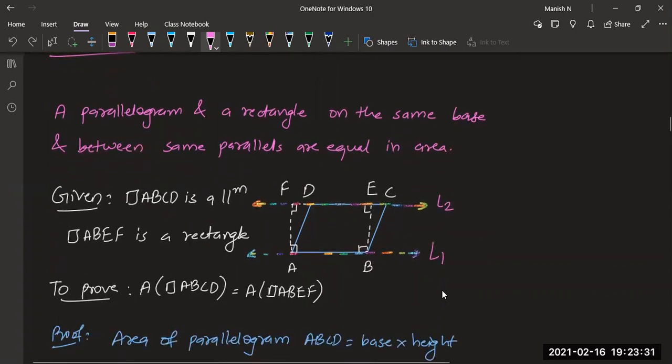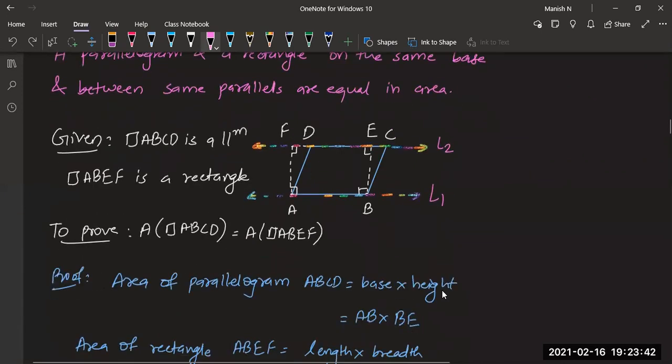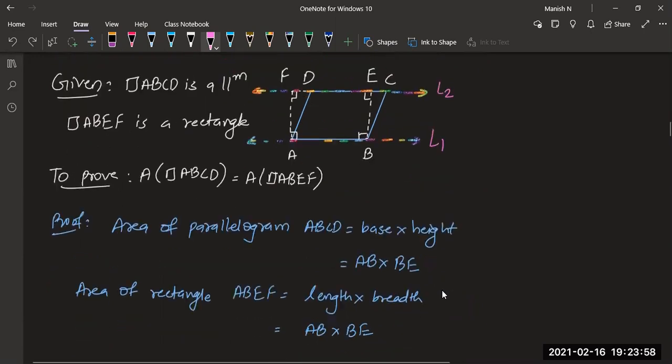Area of a parallelogram is base into height. If we consider ABCD, let's take the base as AB and its height is BE. So the area of parallelogram ABCD is AB into BE. Similarly, the area of a rectangle is length into breadth. For rectangle ABEF, its length is AB and its width is BE, so AB into BE.